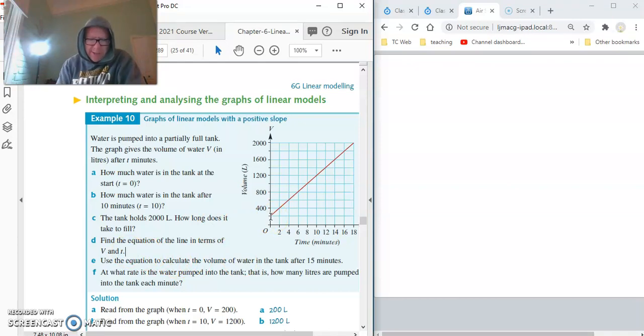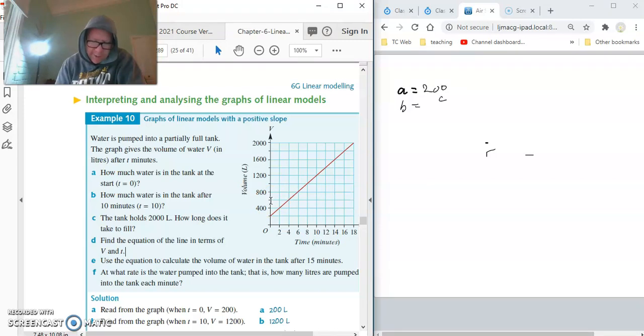So we know that A equals 200, B equals the gradient. Okay, so in this case, I'm going to do a rise over run, and I am going to go, say, from 200 to 600. Okay, that makes it 400 up.